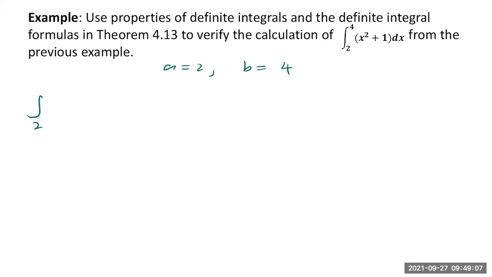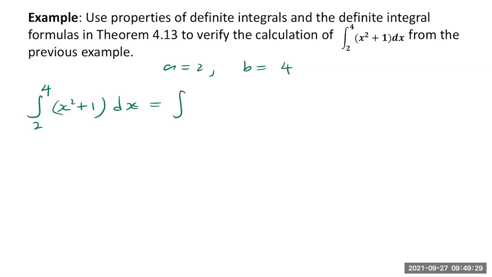The integration of x squared plus 1 from 2 to 4 dx is equal to, remember, this is a summation of two functions. So I can distribute this definite integral inside. That's the sum rule for definite integrals.